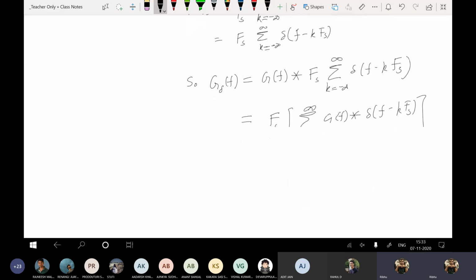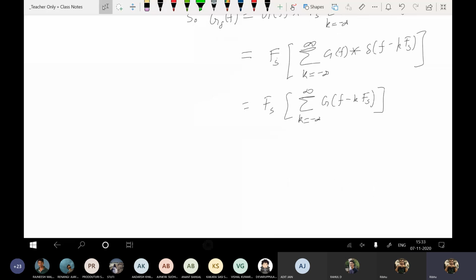So this results in a periodic repetition of the spectrum G(f).